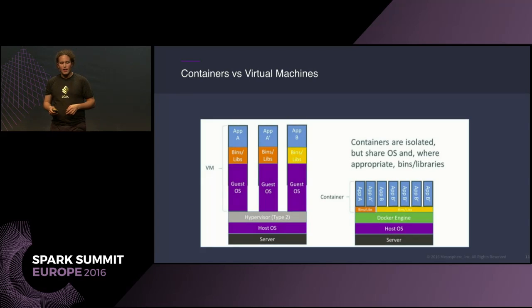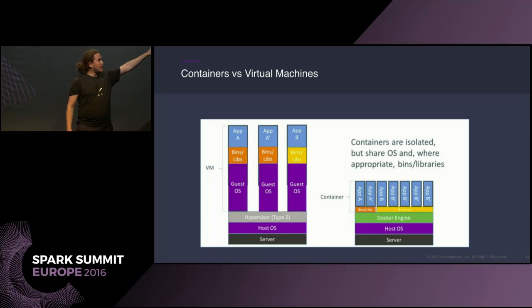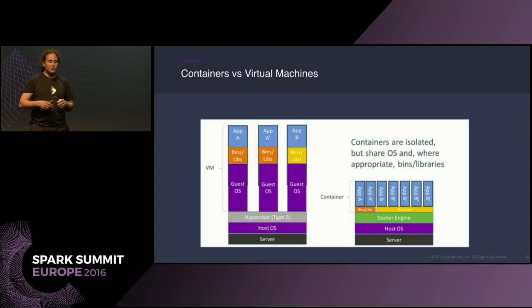So for those people who like it more visual, the distinction is basically that for virtual machines, I replicate the guest operating system multiple times on top, and then I also replicate all the libraries and everything I need. Each of those virtual machines is its own really isolated operating system.